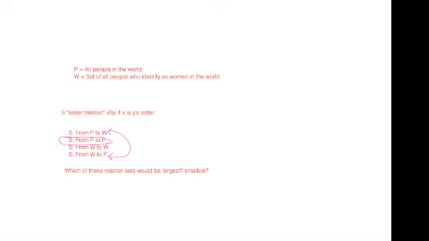Whatever comes first would be from this set, and whatever comes second would be from that set. So that's all the people in the world being potentially a sister of any woman, whereas the other one is any woman being a potential sister to anyone in the world. So it seems to me that W to P would be the larger potential value.